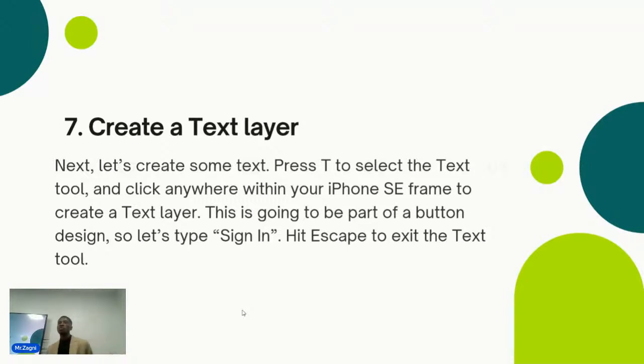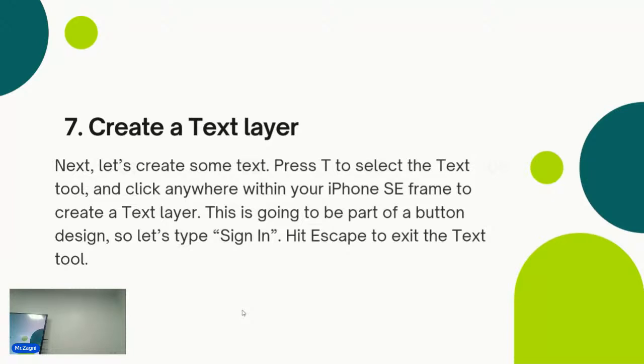What we're going to do at the moment is to create a text layer. If you want to create a text layer, you press T on your keyboard. There are different ways of creating it. If you press T, it will automatically give you the text layer.